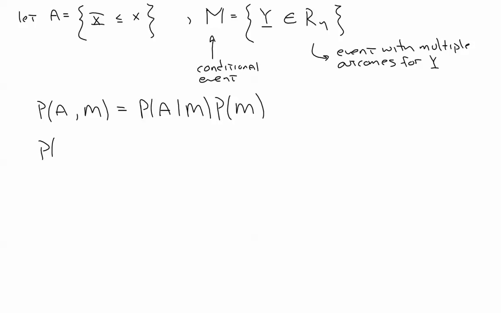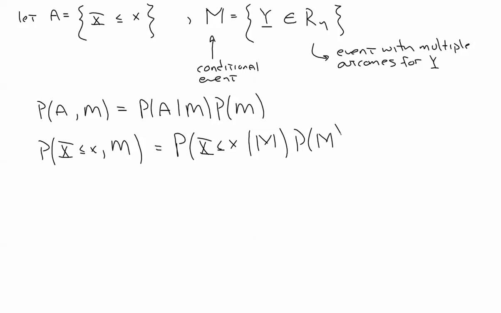A is x less than or equal to some value, and this equals the probability x less than or equal to x if M, times the probability of M. Let's use capital M's.